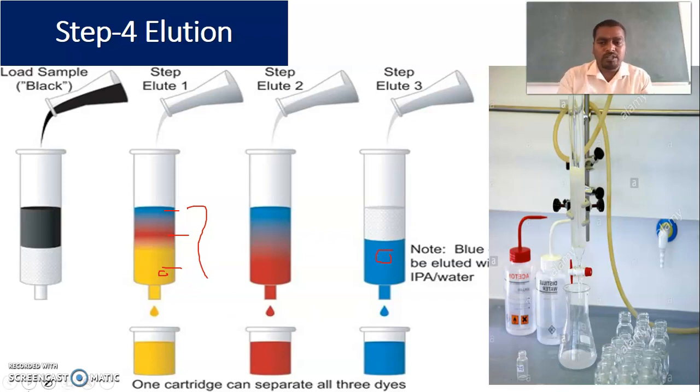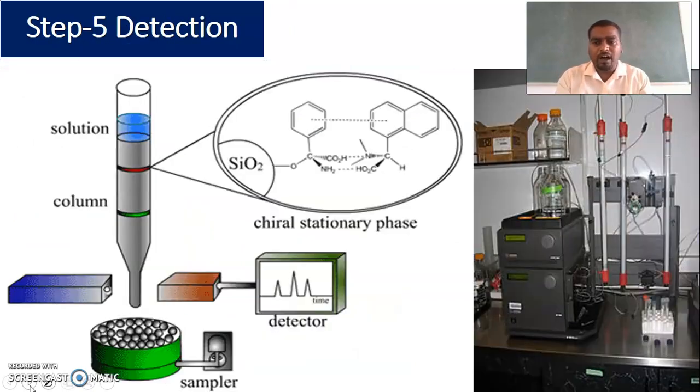After completing the elution, we ensure whether the separated components are pure or not. This can be ensured by passing the eluted components into a detector.